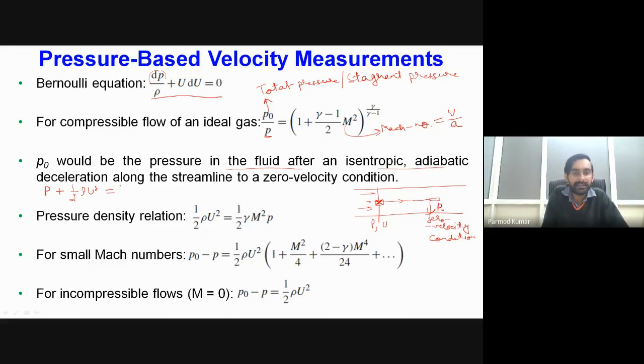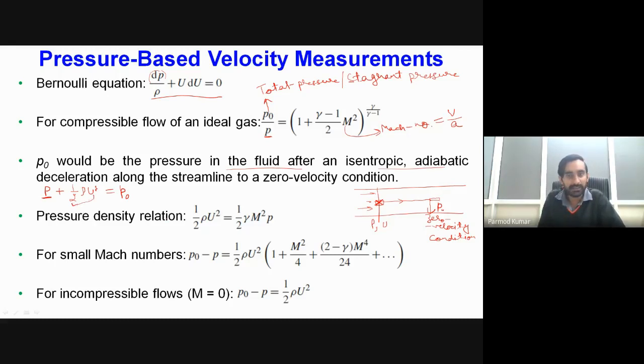So obviously at this point our total energy is now nothing but equal to P naught, and we are considering that both these points are located under the same gravitational head. Okay, so we are not having any level difference between the 2 points. So over here you can see that this first P term was nothing but the static pressure of the fluid, and this second term, half rho U square, was nothing but representing the kinetic head.